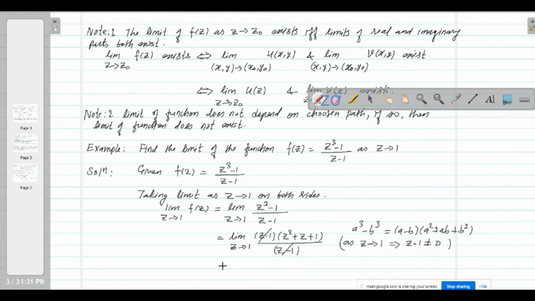So this equals the limit as z tends to 1 of the remaining function, that is z squared plus z plus 1. Now apply the limit inside the bracket. Let us move to the next page. Therefore the limit as z tends to 1 of f(z) equals the limit as z tends to 1 of z squared plus z plus 1.